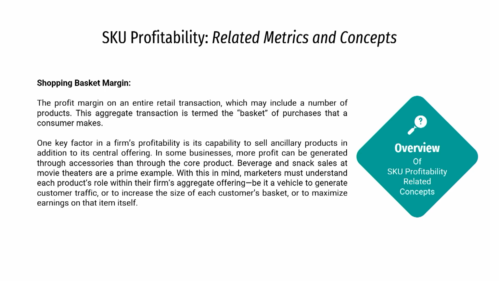Let's take the example of beverage and snack sales at movie theaters, a prime example. Whatever margin they are deriving from the movie ticket, they are also deriving a significant margin, if not more, from the snacks and beverages.